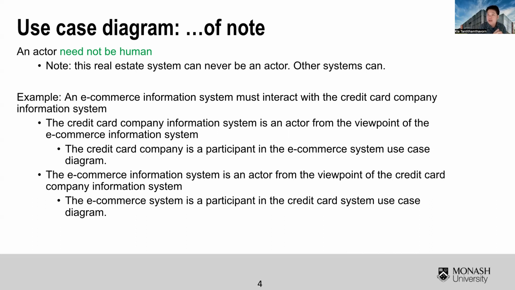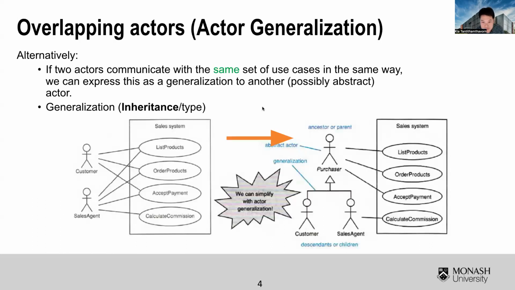So in these scenarios, the credit card company can be another participant actor, one type of actor of the real estate system as well. Okay, cool. Any questions?